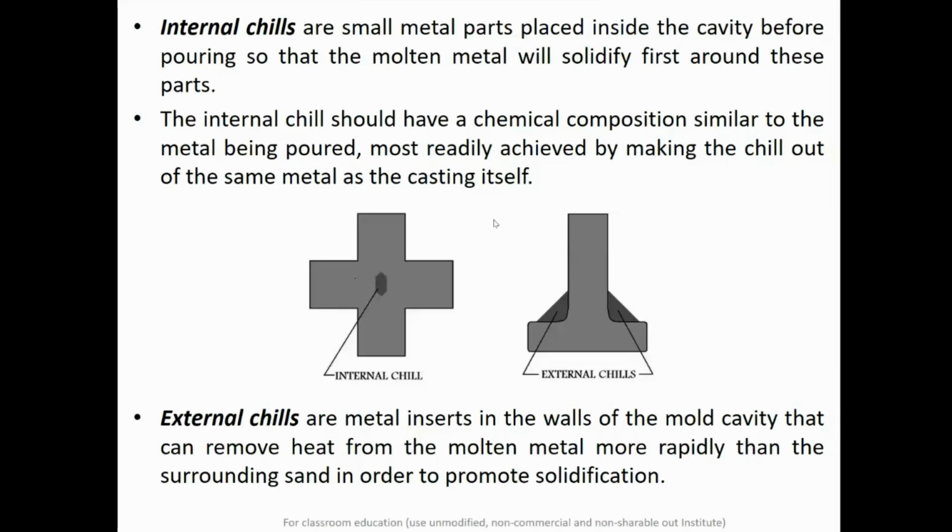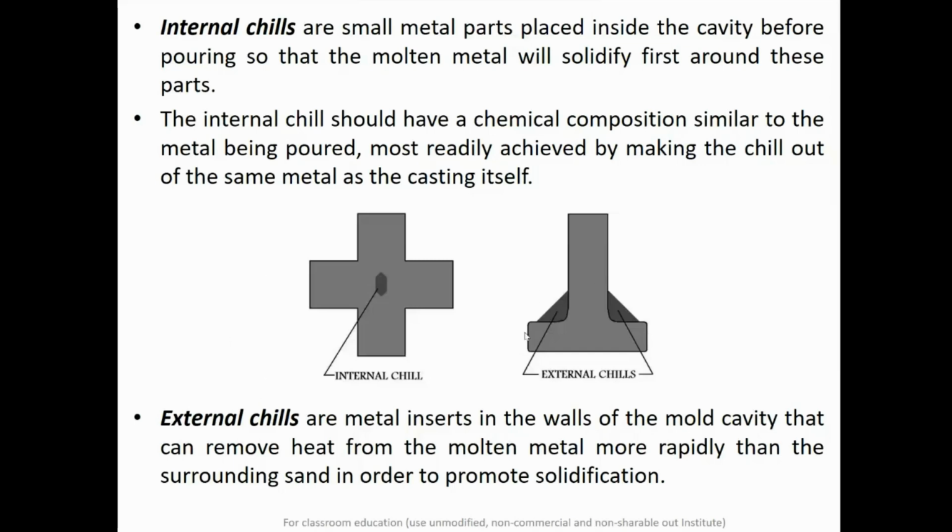But internal chills should have a chemical composition similar to the metal being poured. Otherwise, it will cause inhomogeneity in the casting, and it will cause a defect or lower the strength and other properties of your cast product.